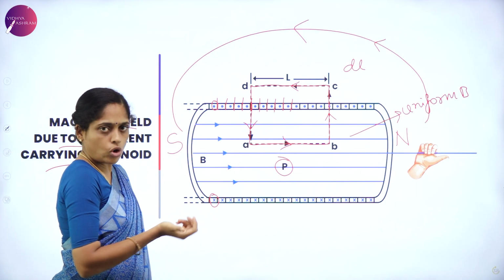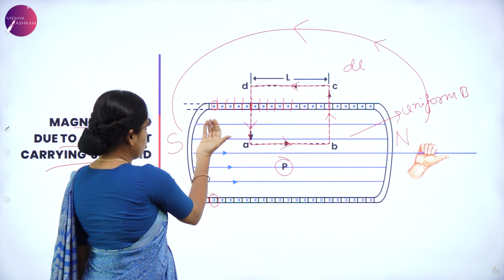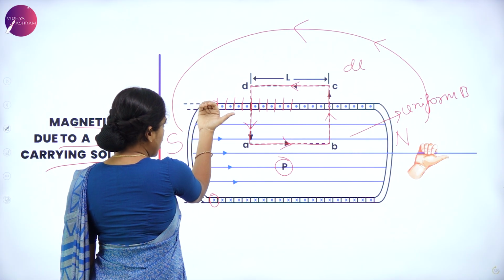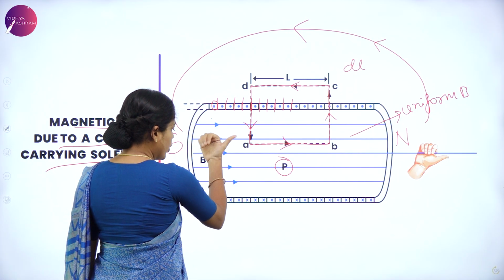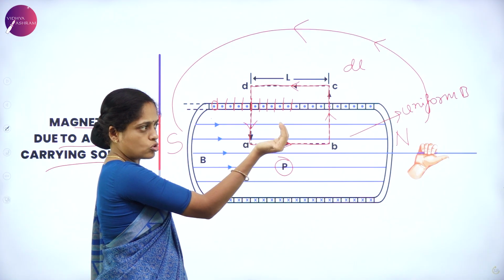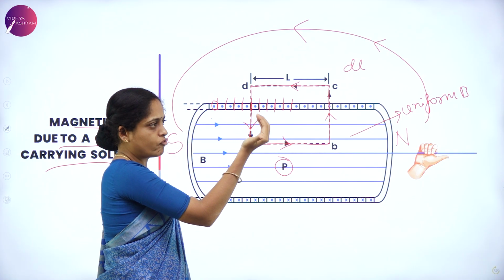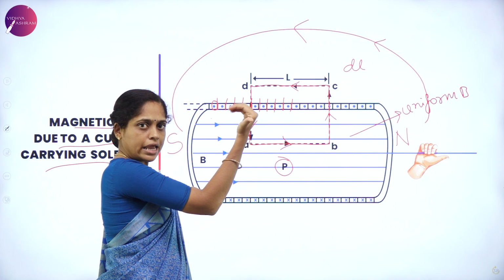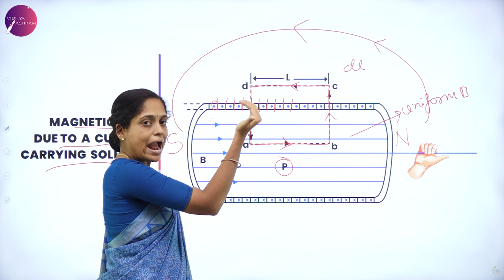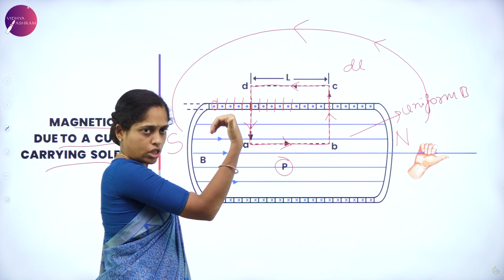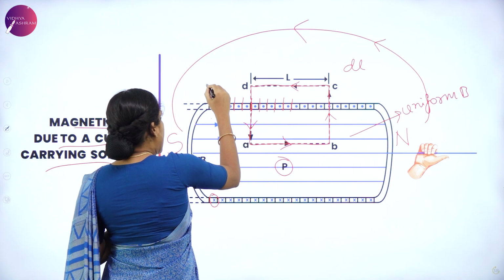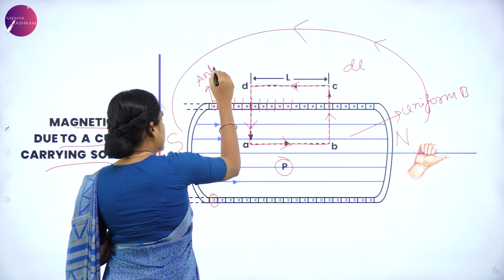Let us find out in what direction the current is. Above, the current is coming out and below it is going into the plane of paper. So in this way the current is flowing in the solenoid. Therefore, observe here, the current is in the anti-clockwise direction.